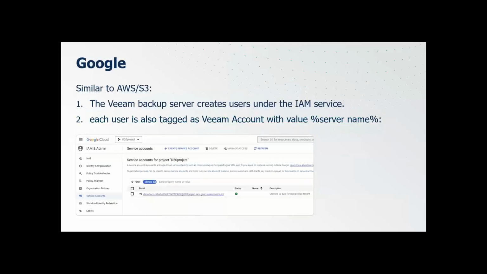Okay. In Google, it's a little bit different, but it's very similar to AWS. So what we do here is, again, we create the user inside the Veeam service as in AWS. Each user is also tagged as Veeam account as before, so you can go and search it.